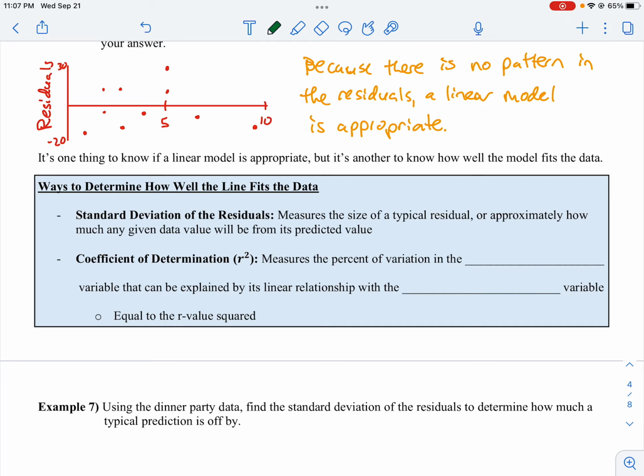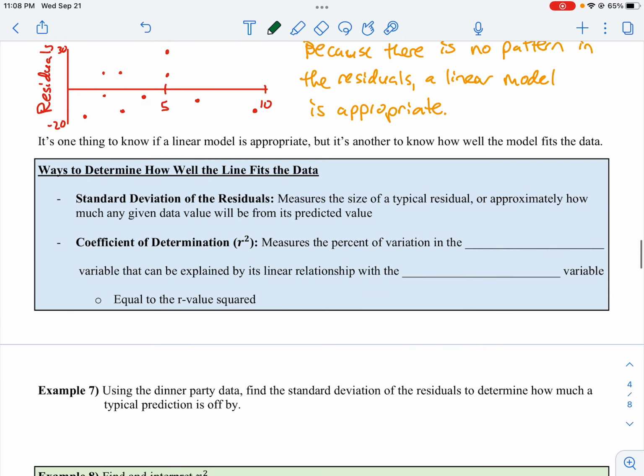And what that measures is the typical residual, or approximately how much any given data value is from the predicted value. Typically, how far off are we from our prediction? If you remember a standard deviation by definition, typically how far are all values away from the mean? Standard deviation of the residuals, typically how far away are all predictions from the actual values.